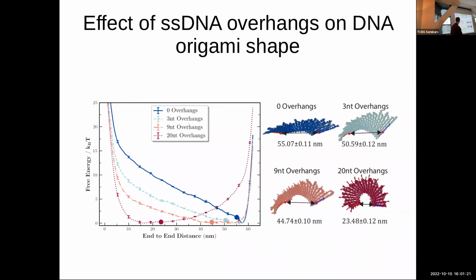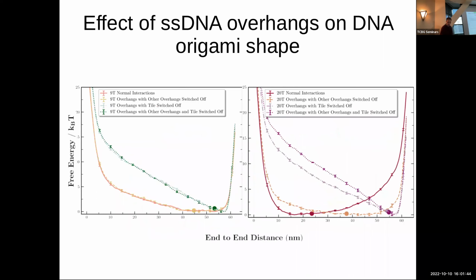So we look at the free energy profile as a function of the distance between the edges. So if it's 60 nanometers, that means basically a completely open, flat structure. But as you keep increasing the density and the length of the overhangs, the most favorable state shifts towards shorter distance, which corresponds to basically seeing the bending.